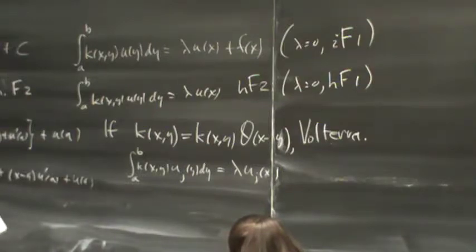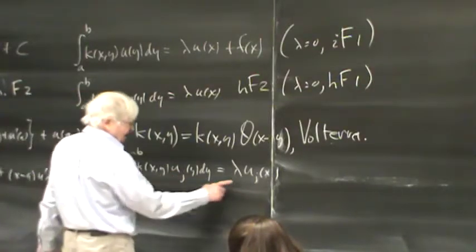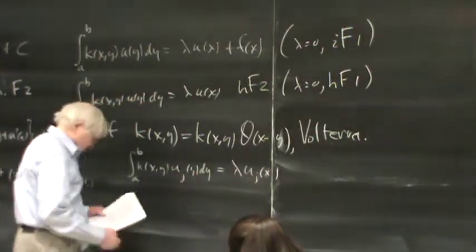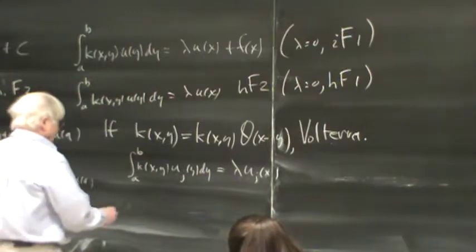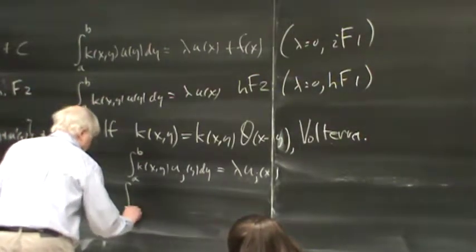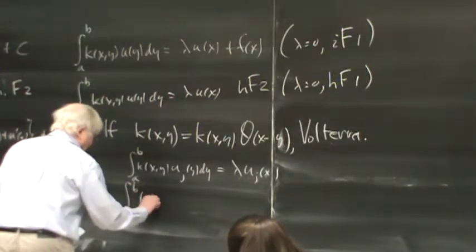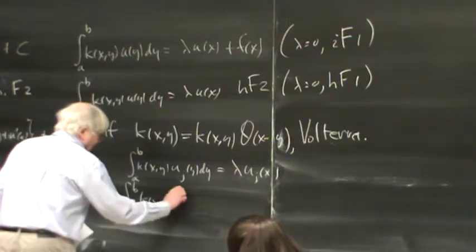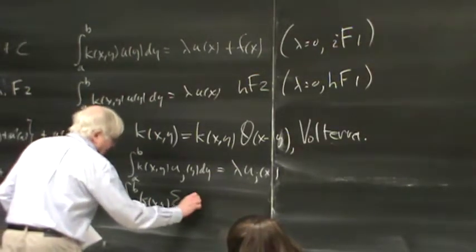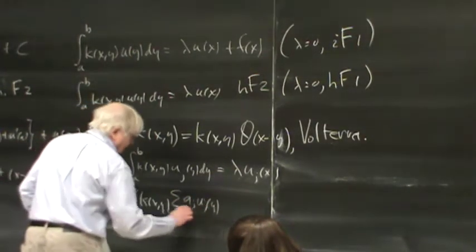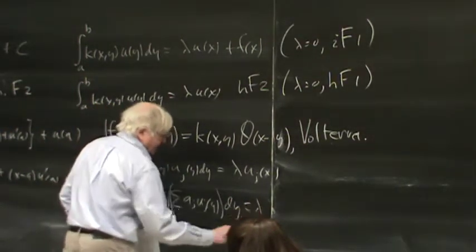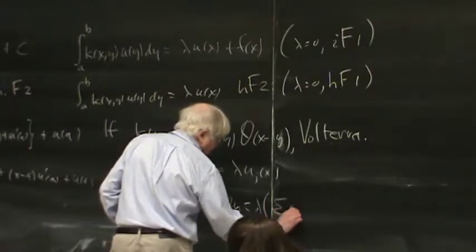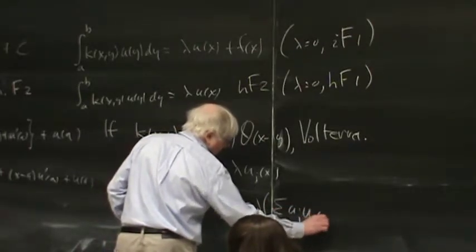And if uj is a solution for various j's with the same eigenvalue, then you can just add the solutions together and you'll have the integral of k of x and y, sum aj uj of y, dy, equal to lambda sum aj uj of x.